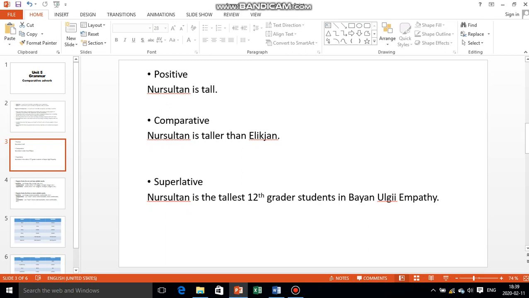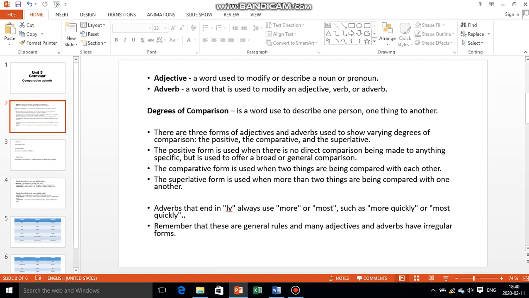Nur Sultan is tall. Okay? You are not comparing Nur Sultan to anyone. You are just describing Nur Sultan. The word tall describes Nur Sultan. So who is tall? Nur Sultan.